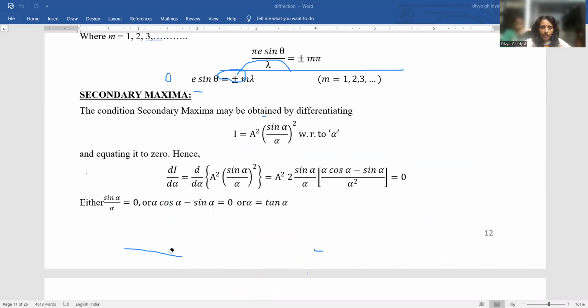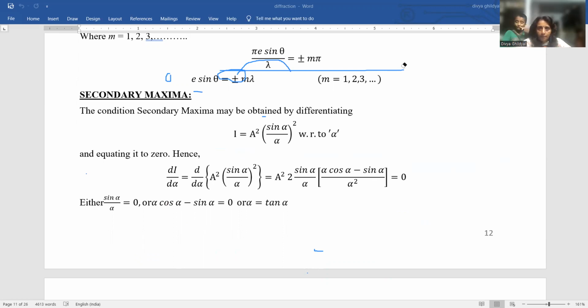So this is what we have done. dI by d alpha becomes equal to d by d alpha of A square into sine alpha by alpha whole square, and the differentiation for numerator upon denominator. What is the formula? d by dx of denominator into numerator minus numerator into d by dx of denominator, divided by denominator square. This formula we have used.